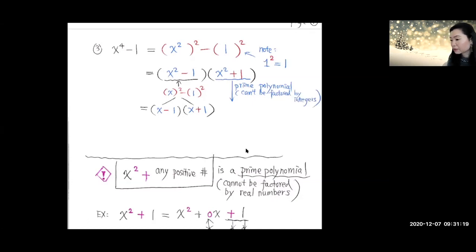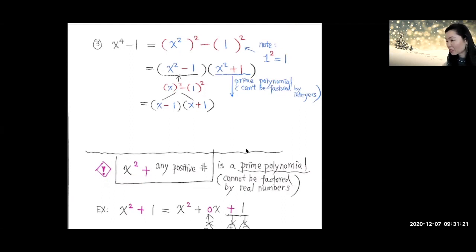So what we do here is we just copy that down. No change. So x squared plus 1, you just copy it down right here. Now you have factored this expression completely. You can't factor it any further using real numbers.